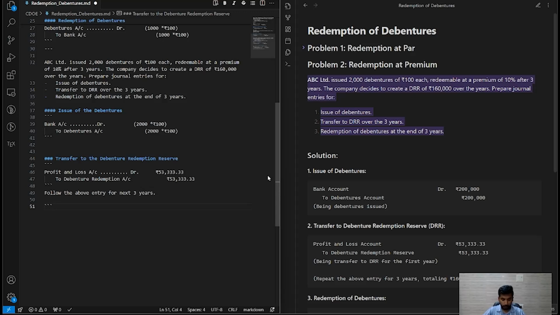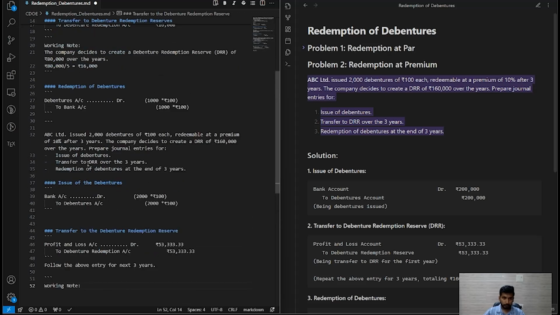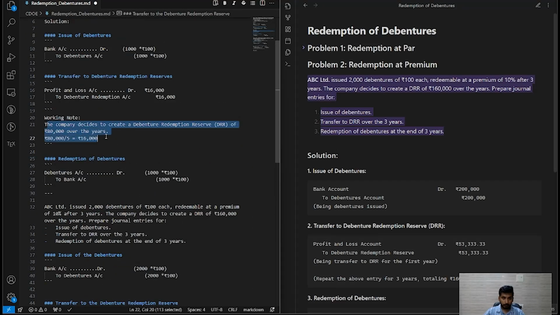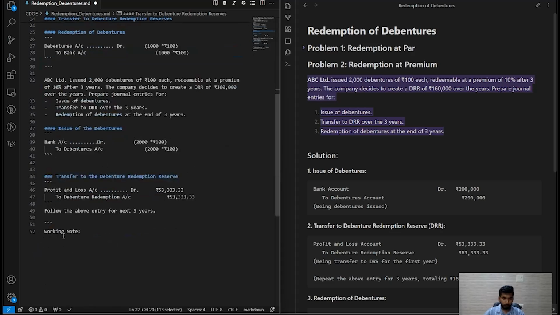Now let us talk about the working note. The company decided to create the DRR of rupees 1,60,000 over the 3 years.